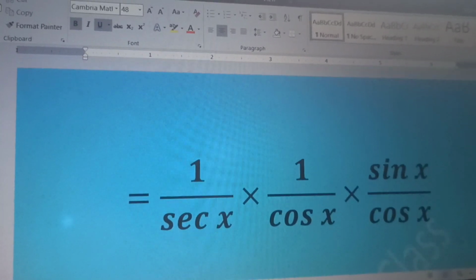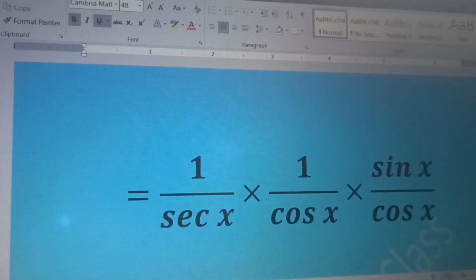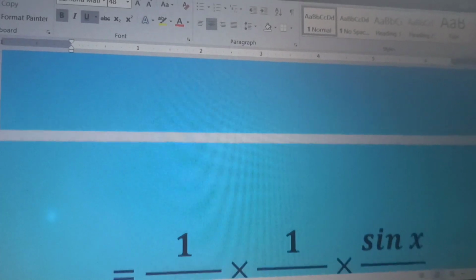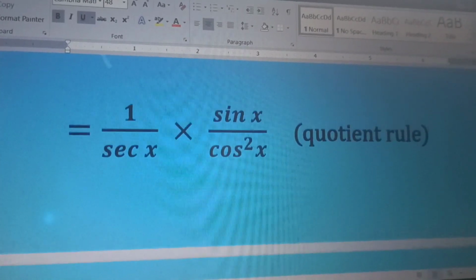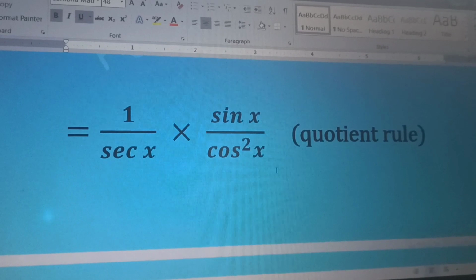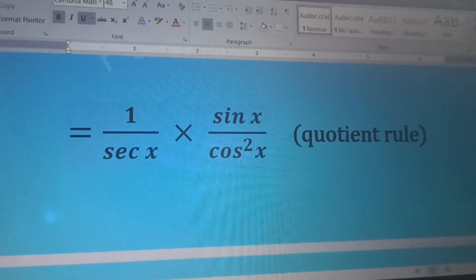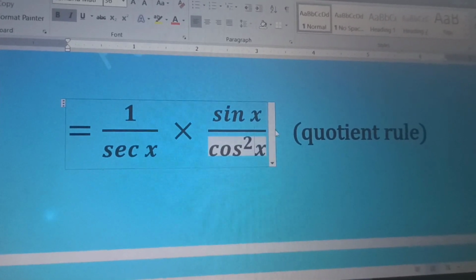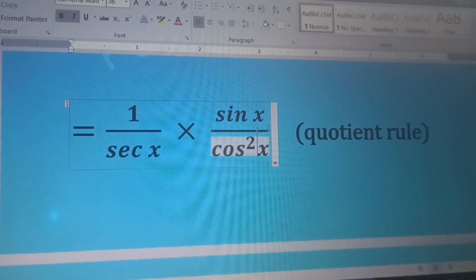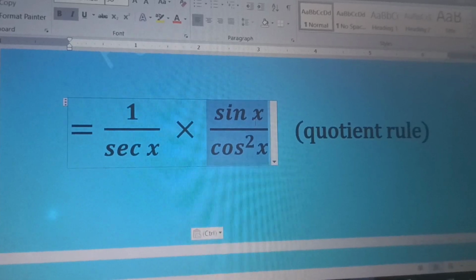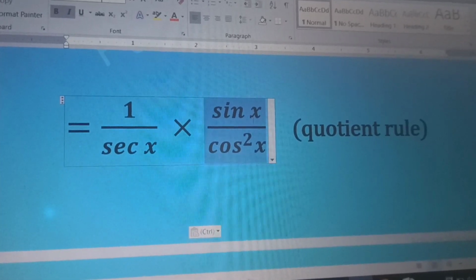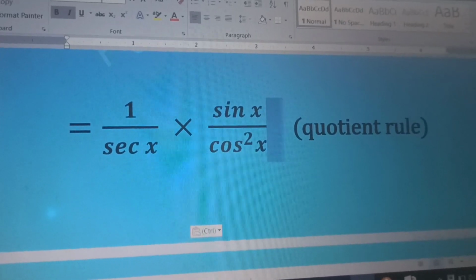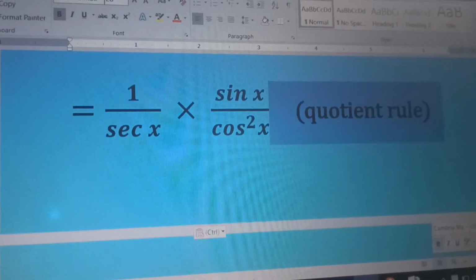So we'll proceed by writing the second expression, sine x over cos square x, as 1 over cos x multiplied by sine x over cos x. So we'll see it in the next line.